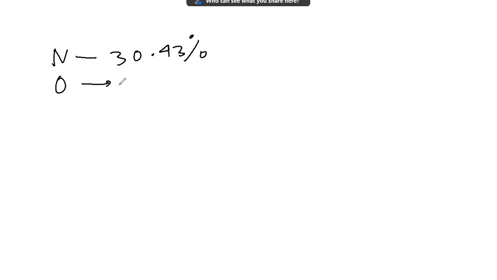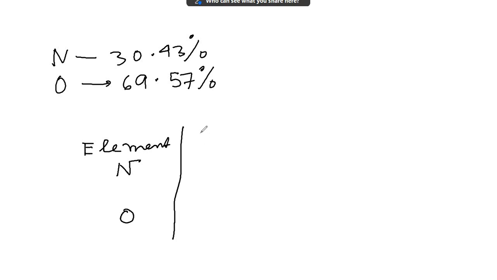Oxygen is present in 69.57%. So I will teach you how to find the empirical formula from the percentage weight. Now, in this case, write down the elements. What are the elements given? Nitrogen and oxygen.